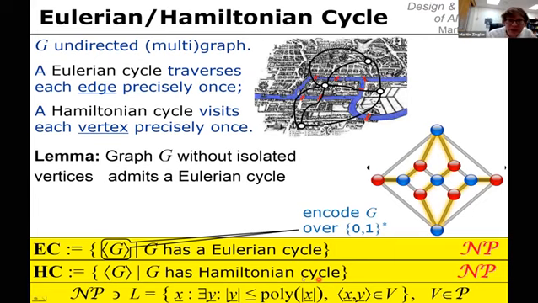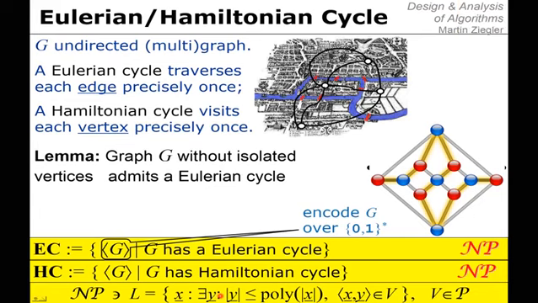And similarly, we have reformulated the Hamiltonian cycle problem in this syntactic form. Again, here X corresponds to the binary encoding of a given graph G. And to check whether this graph has a Hamiltonian cycle, a witness that helps us verify that is the Hamiltonian cycle itself, the sequence of vertices in the very order in which they are visited.